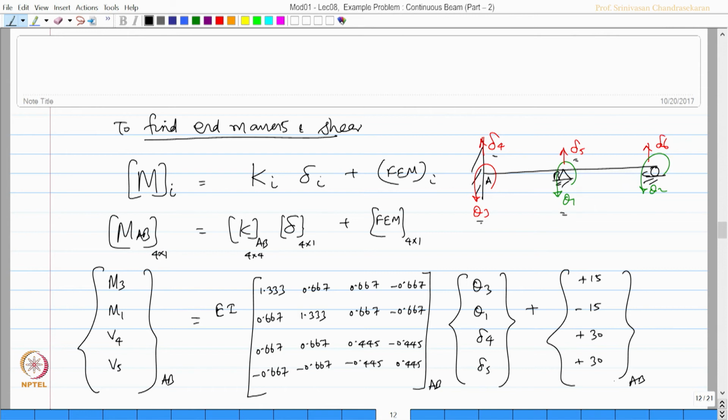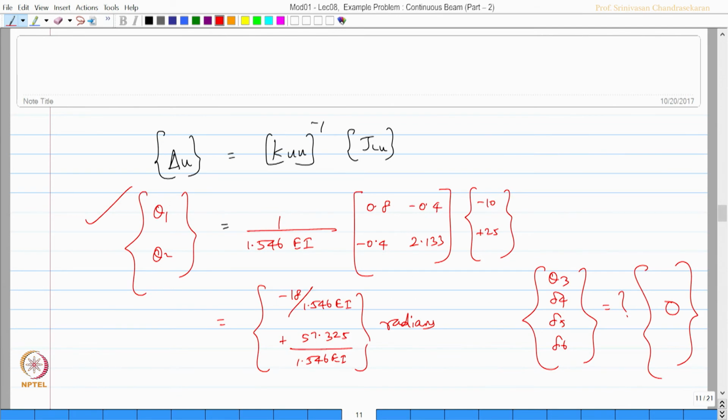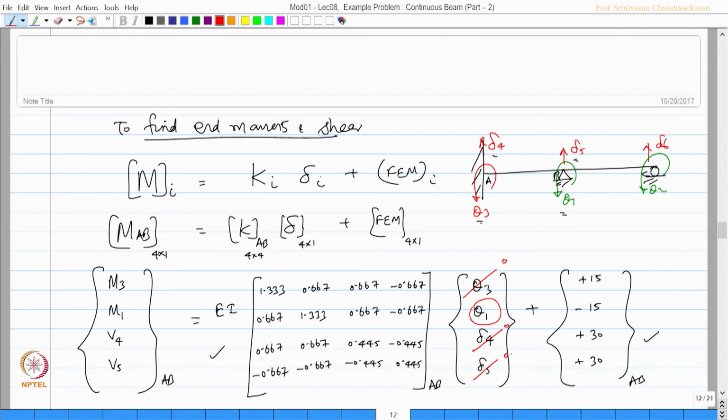So, simplify this, but the question is this matrix is known, this vector is known, I have to estimate this vector, what happens to this vector? Very interesting. Theta 3 is 0, okay, delta 4 is 0 and delta 5 is 0 and theta 1 is known, you can see here theta 1 is known. So, substitute that value here and multiply, process it and get the vector AB.